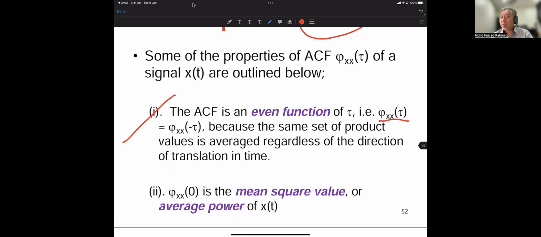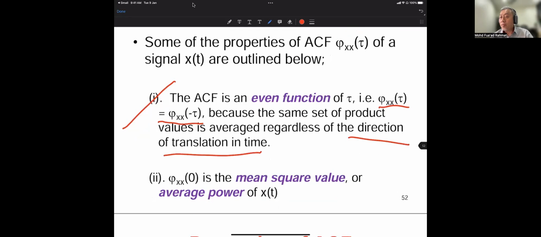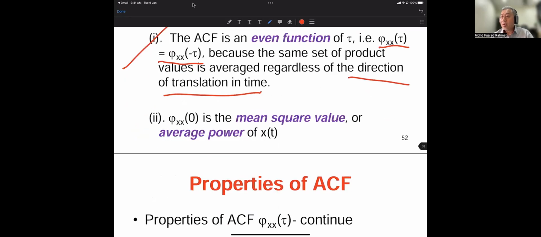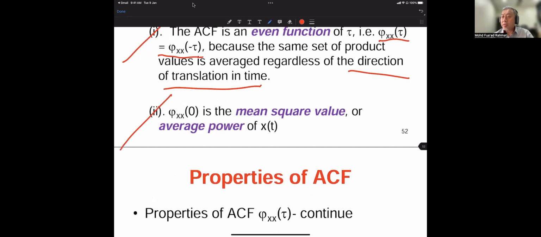So psi xx tau is equal to psi xx minus tau, on the left and on the right, because the same set of product values is averaged regardless of the direction of the translational time. And psi xx 0, when the time delay is 0, is the mean square value or average power of x(t) when tau equals 0.